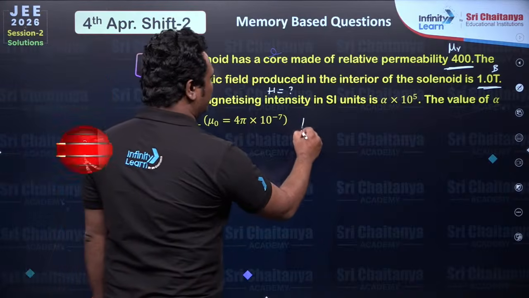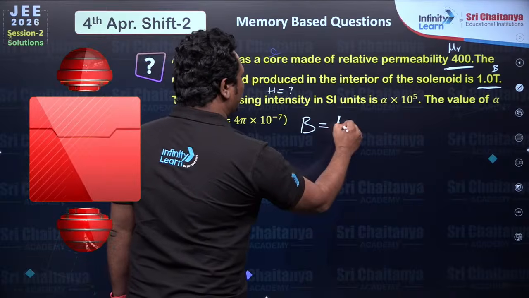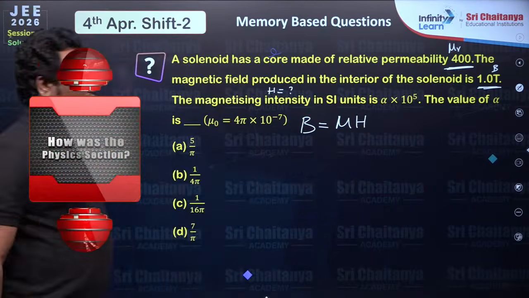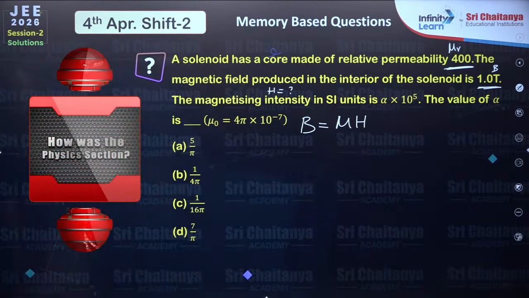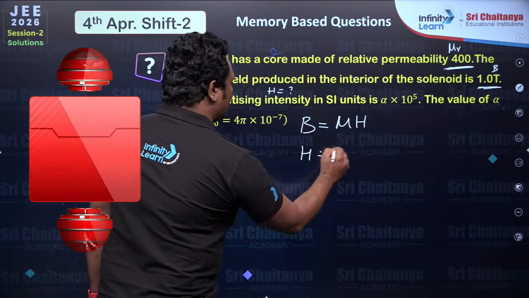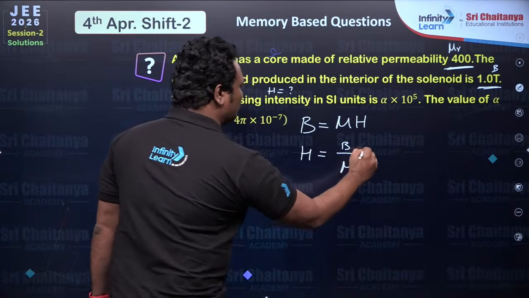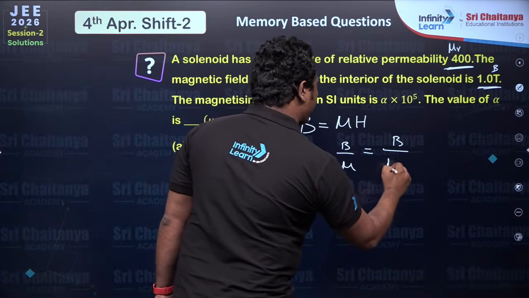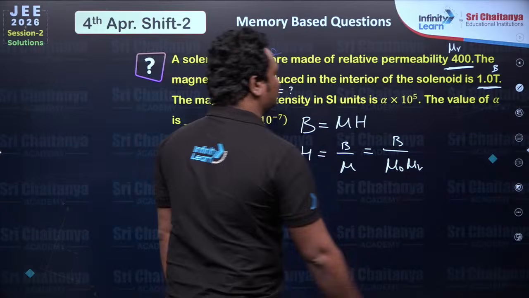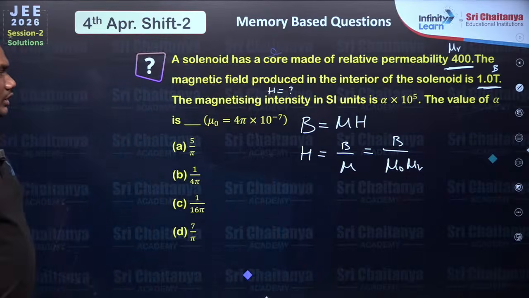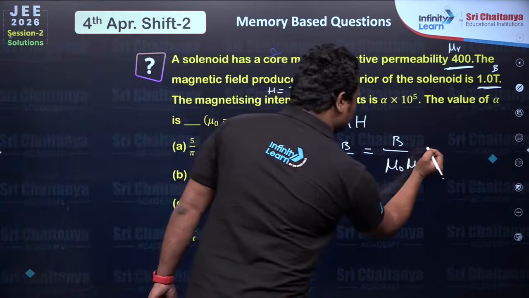So what is the relation? B is equal to mu H. This is the relation between magnetic field and magnetizing intensity. So H is equal to B by mu, which is B by mu naught into mu r.